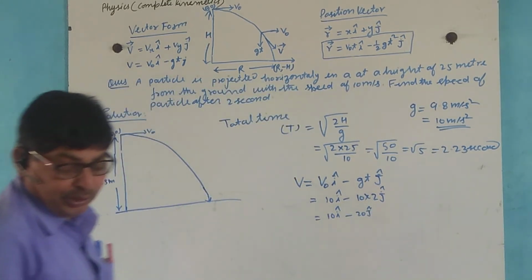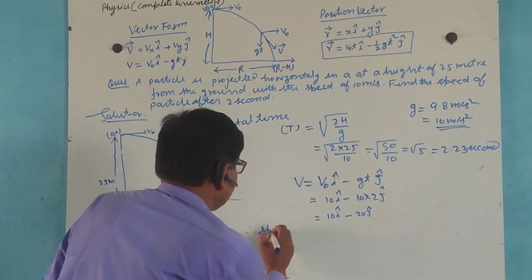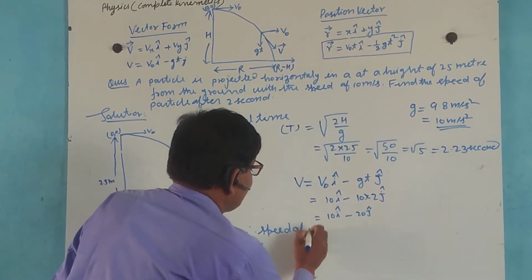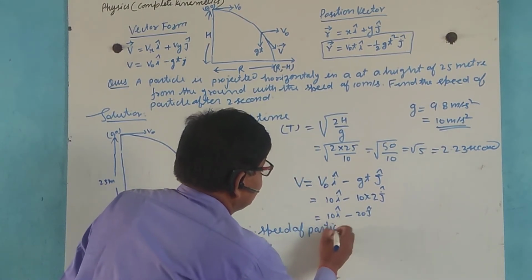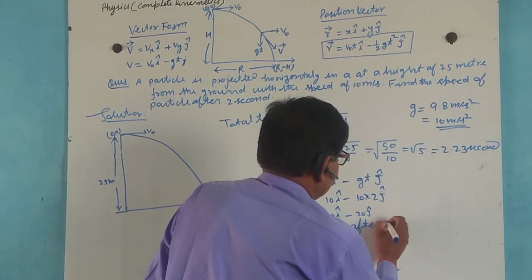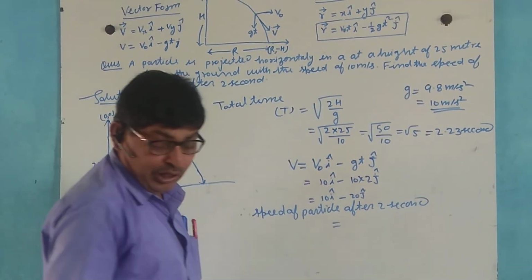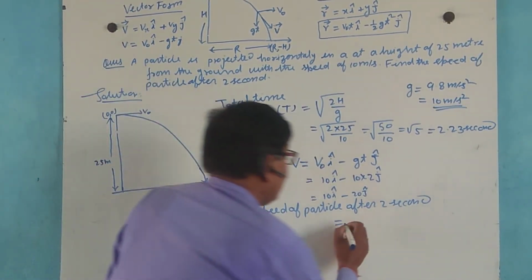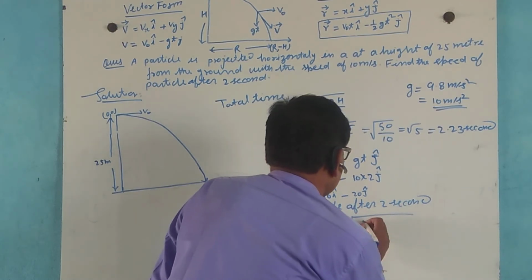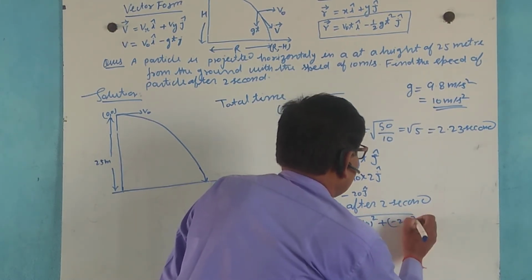Now the speed of the particle after 2 seconds equals under root of 10 square plus minus 20 square.